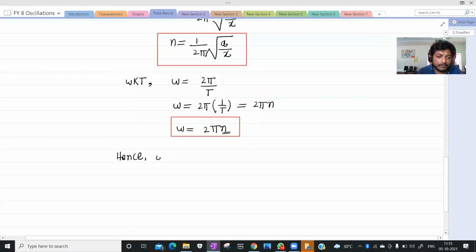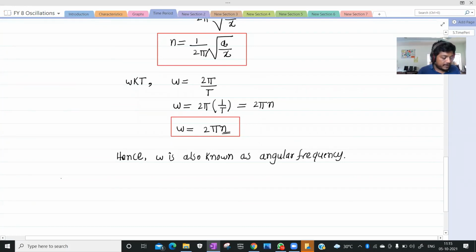Hence omega is also known as angular frequency.